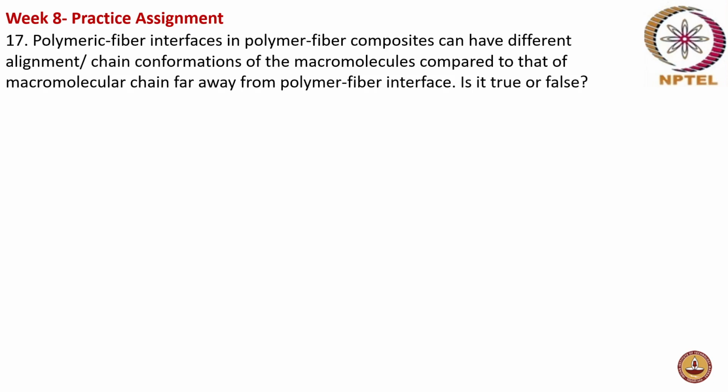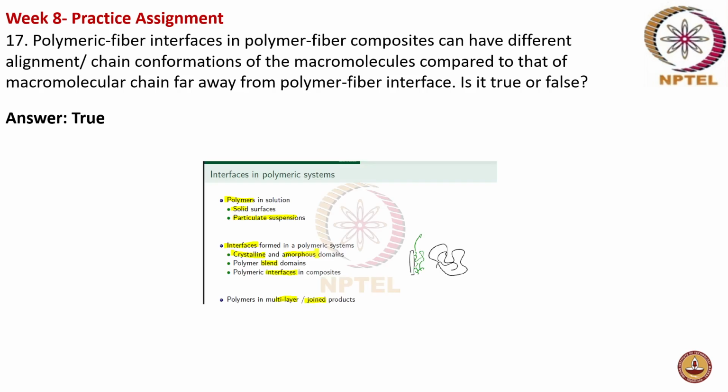Next, polymeric fiber interfaces in polymer fiber composites can have different alignment or chain conformation of macromolecules compared to that of macromolecular chains far away from the interface. Is it true or false? It is actually true. In the interface between the fiber and the polymer, as you could see, this is a long fiber and a polymer.